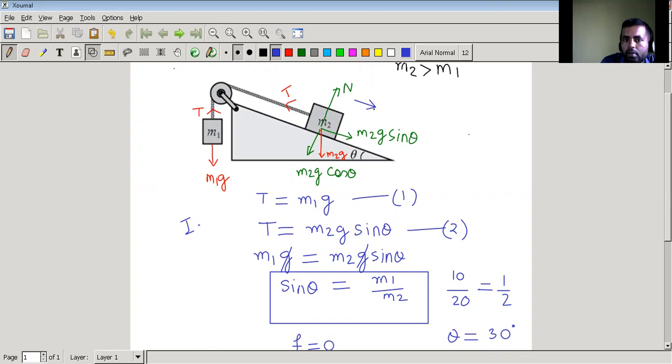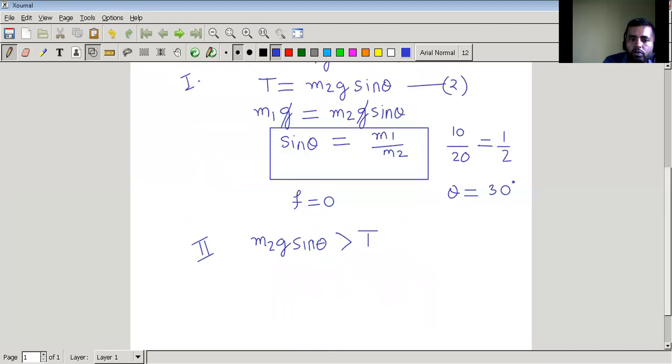So if this is more than this, then friction will be in this direction. So in case 2, friction is pointing in this direction.